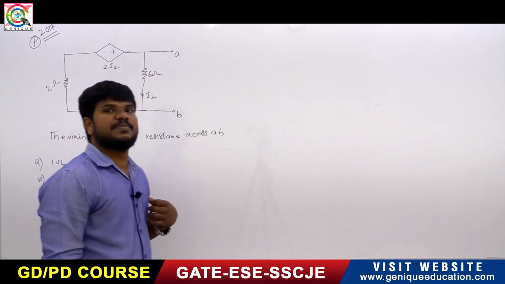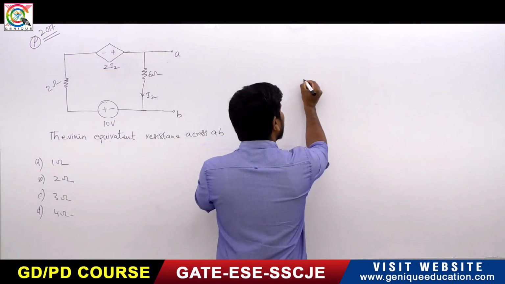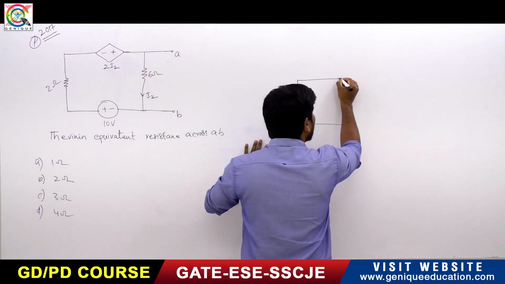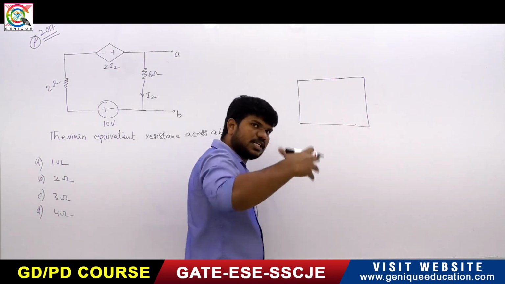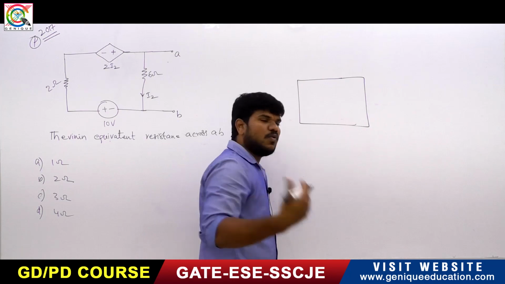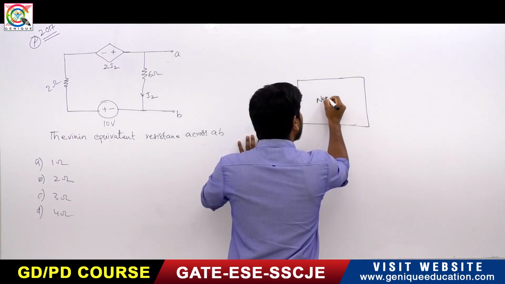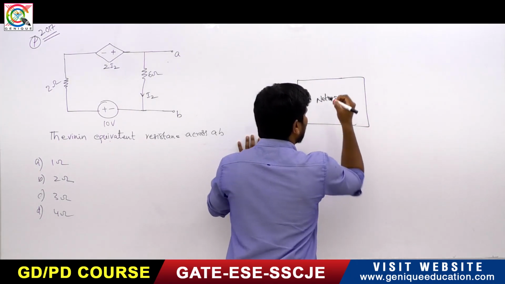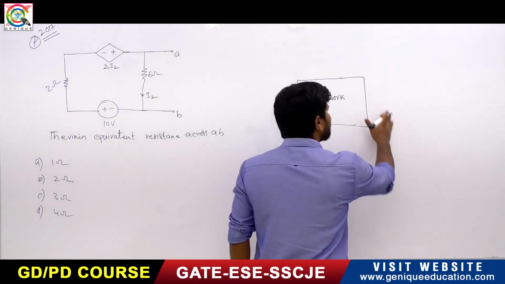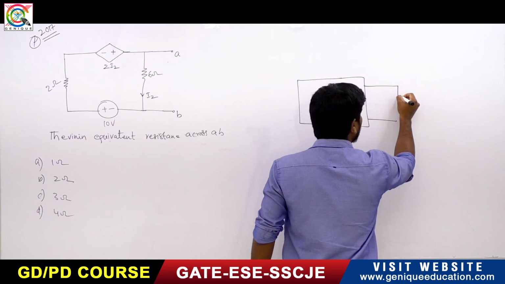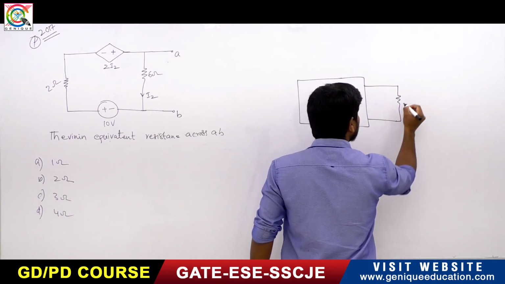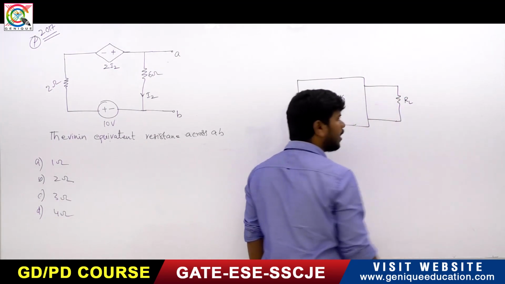So what is Thevenin's theorem saying? Suppose there is a complex network, a very big linear network consisting of multiple current sources and voltage sources, and let us suppose it has a load RL.